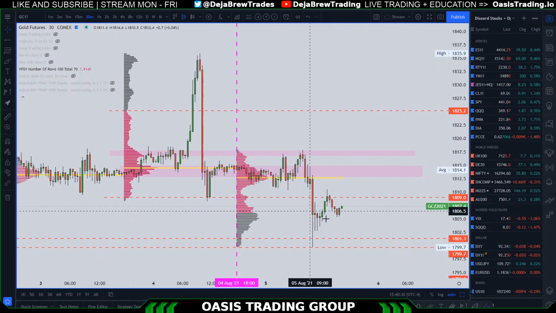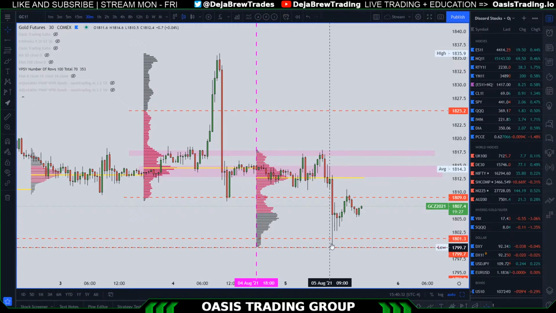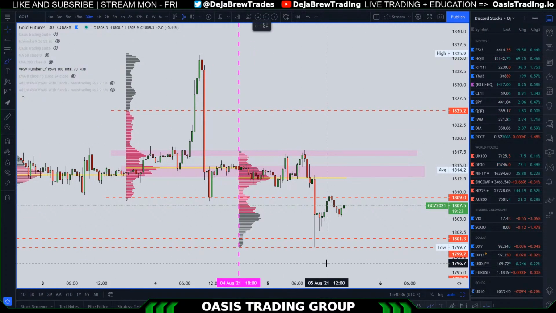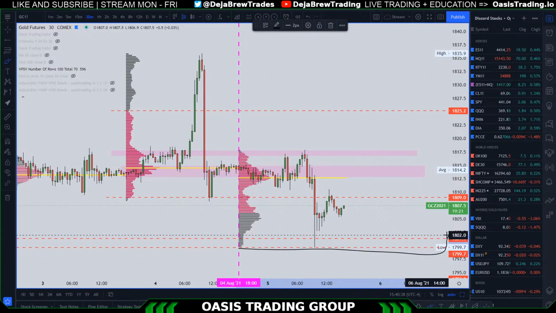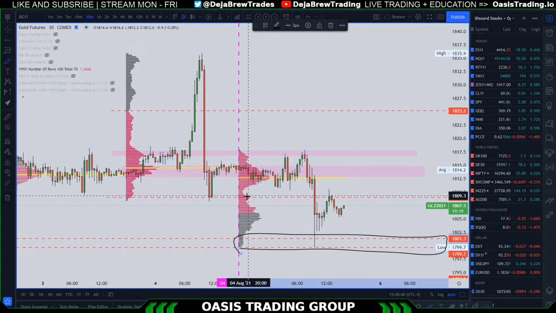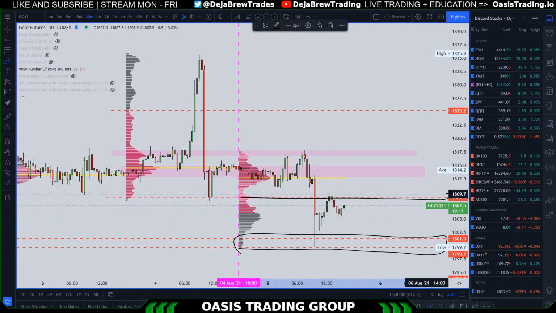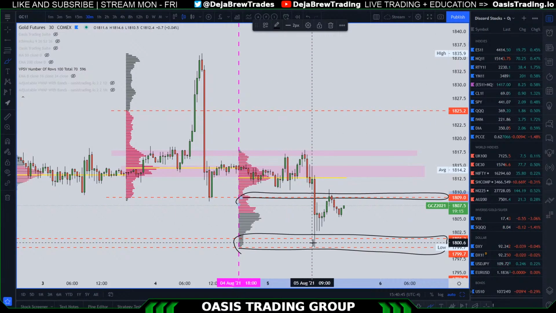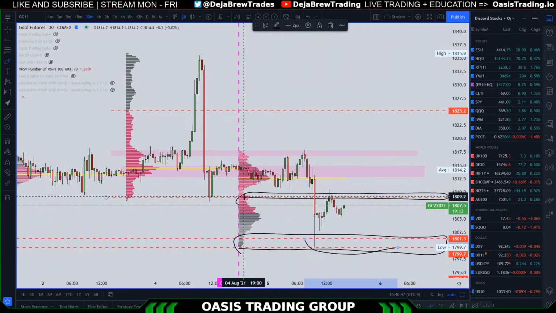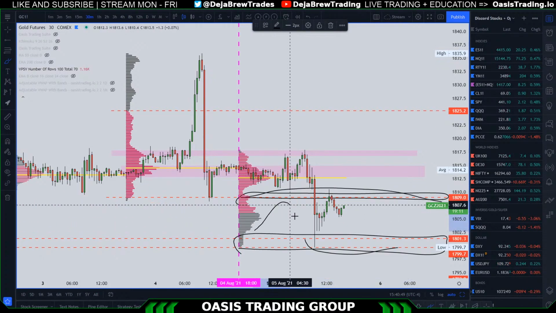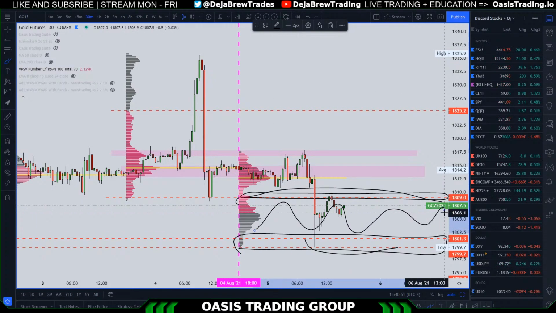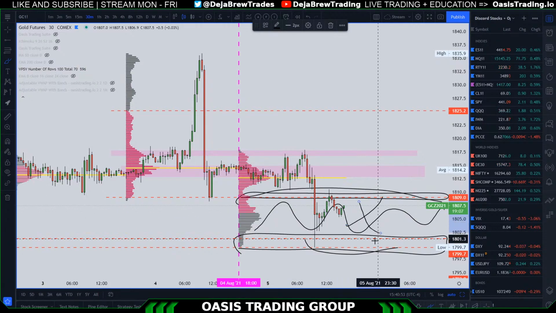We bounced off that POC and the value area high as support. So for now, it's bullish above this level, bearish below this level. You're safe to buy the lows here, and safe to sell the highs around here. Everything else in between is chop. You ignore this: buy the lows, sell the highs, or you could buy the breakout.